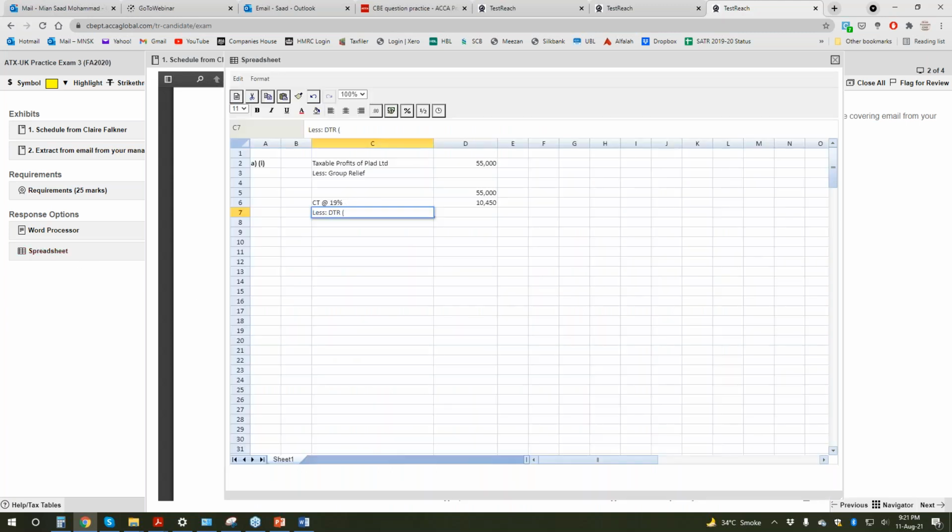So this will be deducted. So 7,000 multiplied by 14%, whatever that is. I will apply a formula here. It's 980.